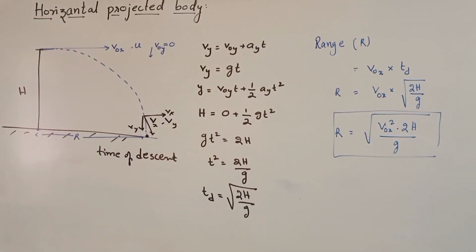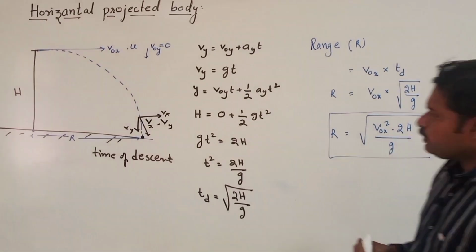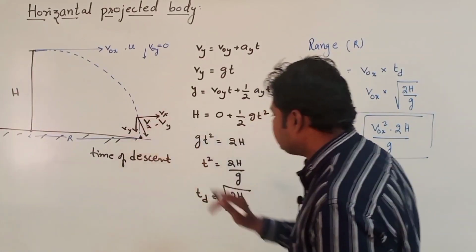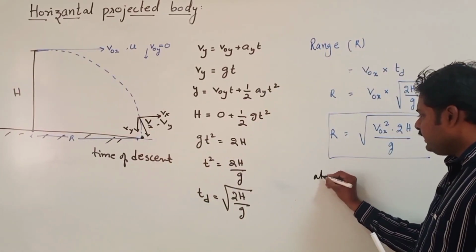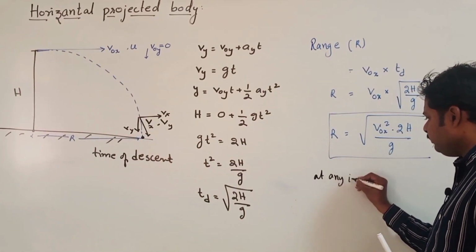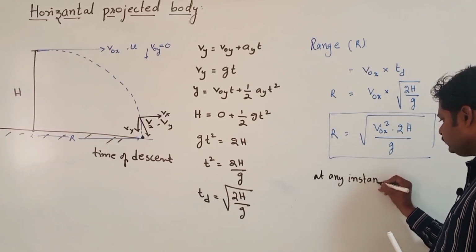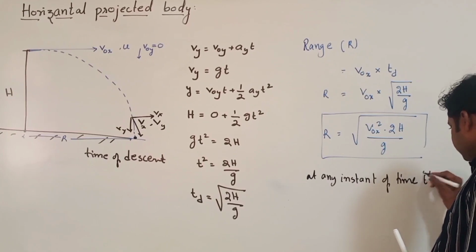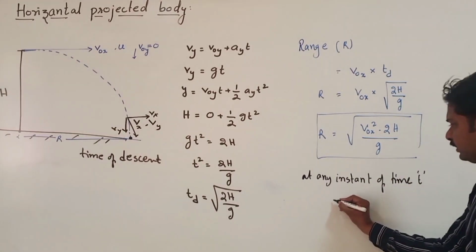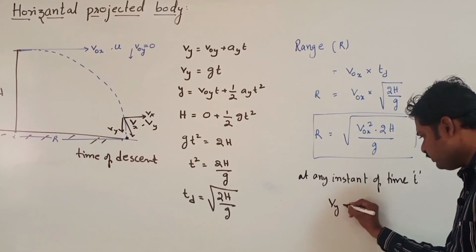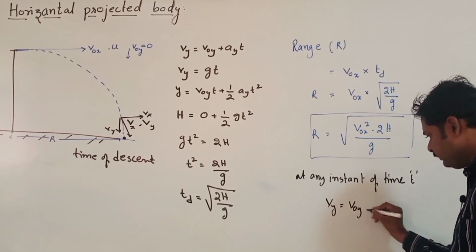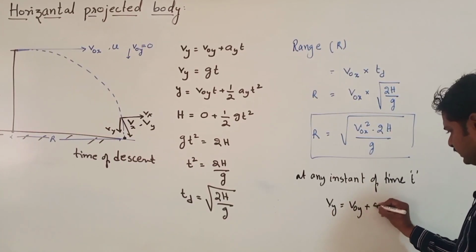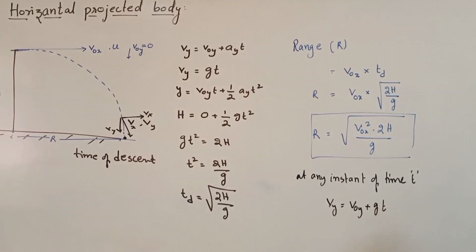Right? Next, how to write the vy value at any instant? At any instant of time t, what is the velocity? vy is equal to v naught y plus gt.